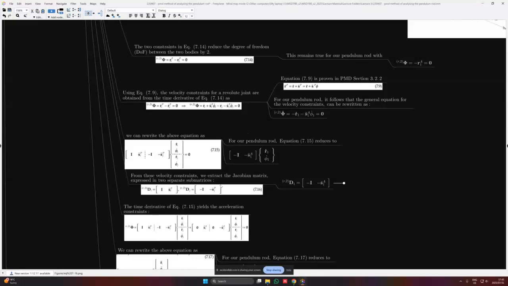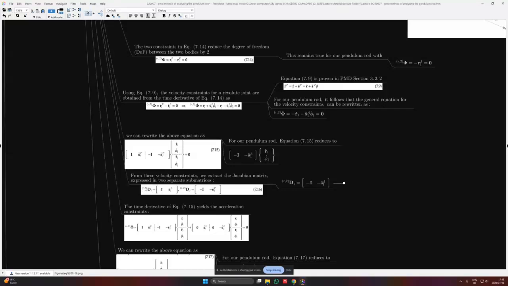If we didn't have a case of the pendulum rod being connected to ground, if we had a case of two bodies which are connected to one another, the Jacobian matrix can be expressed in two separate submatrices, each pertaining to its specific body. So we once again have DI with the superscript R2.